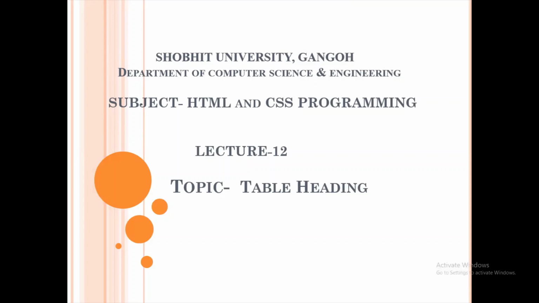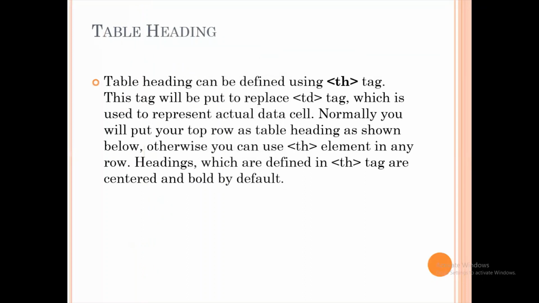One is the very first row of the table, called the header row, which will have some header elements, and according to those elements we will fill the next upcoming rows. So let's check what is table heading.